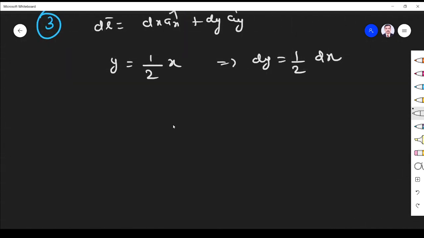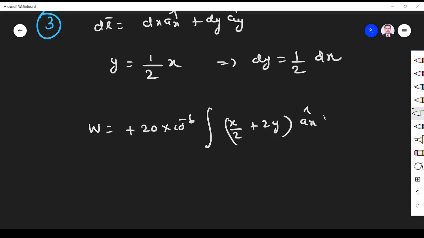Now we see W is equal to minus or plus 20 into 10 power minus 6, where we have to move, that we will keep later. E is given by (x by 2 plus 2y) ax plus 2x ay, dot (dx ax plus dy ay).